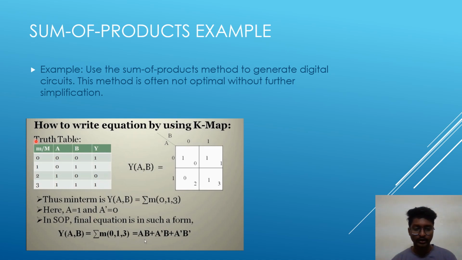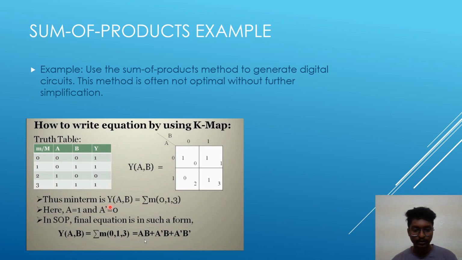For example, we are given this truth table in which the binary terms vary from 0 to 1. When A and B both are 0, the output is 1. And when A is 0 and B is 1, we get the output as 1, and so on.